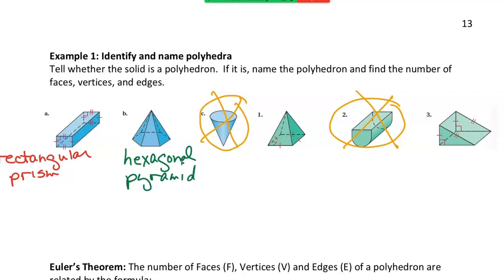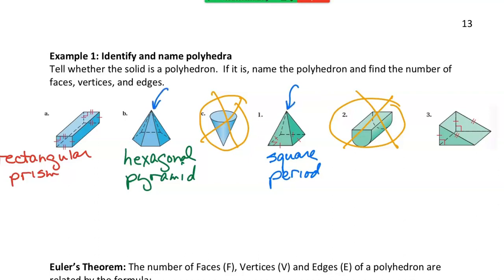Okay, so that's another polyhedron. And then let's go to another shape. Here is a square pyramid. Notice the pyramids have one base and they both have points on top.